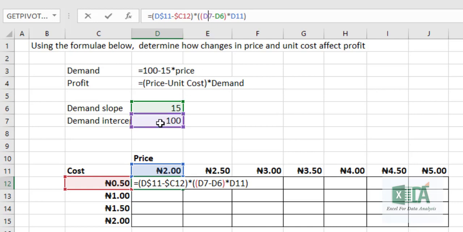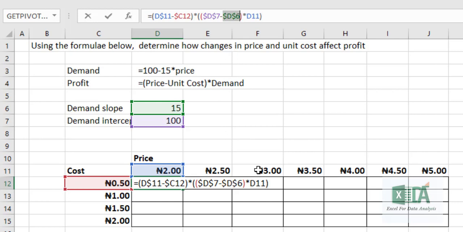That means D7 is a fixed cell. Both the column and the row must not change. So press F4, which puts a dollar sign in front of the row and the column. Also, we have D6, which is the 15. It's going to be fixed also, both row and column.